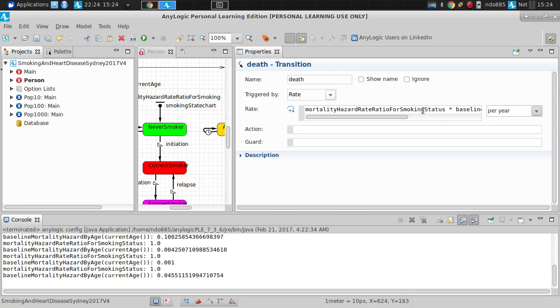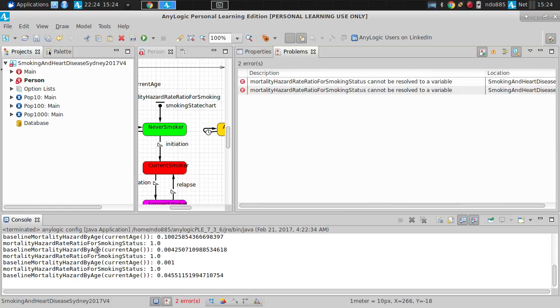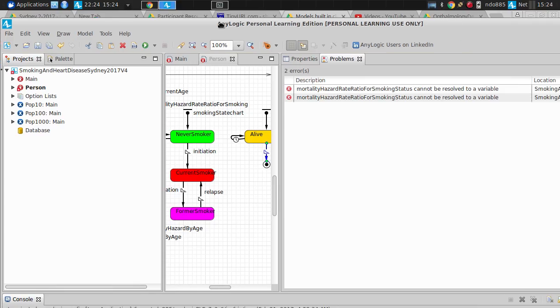You notice that misspelling? Look at that, ladies and gentlemen. Now it actually resolves it. This is a problem. It was not reporting the error message properly.